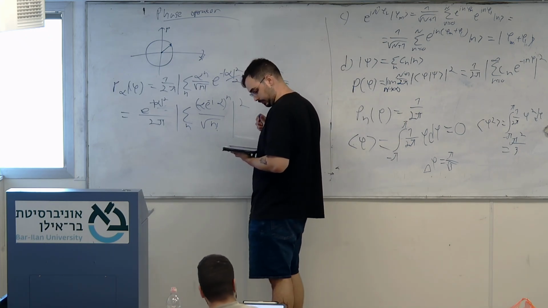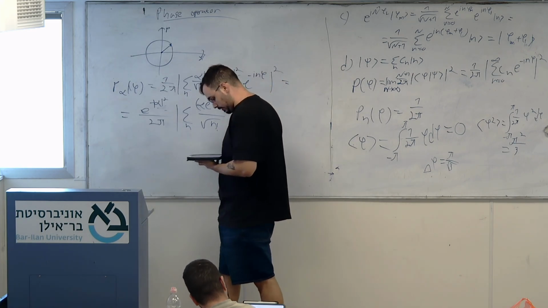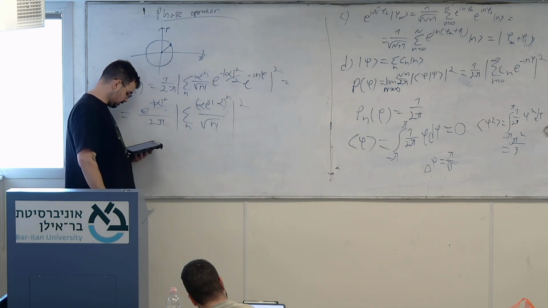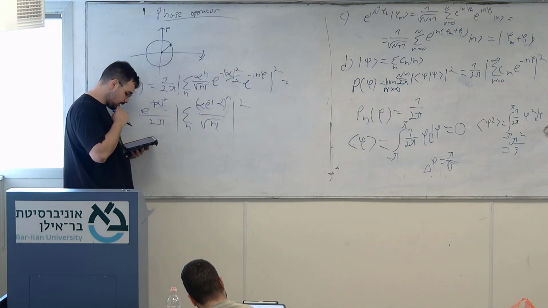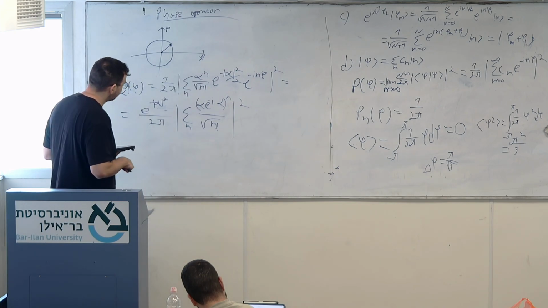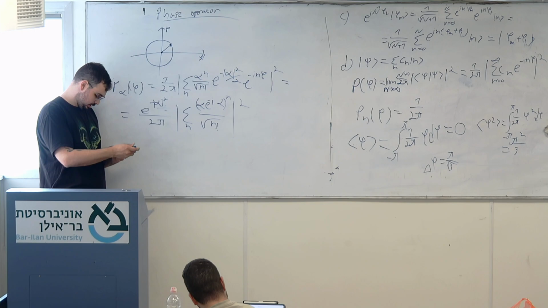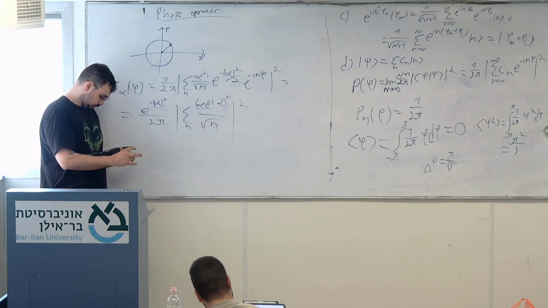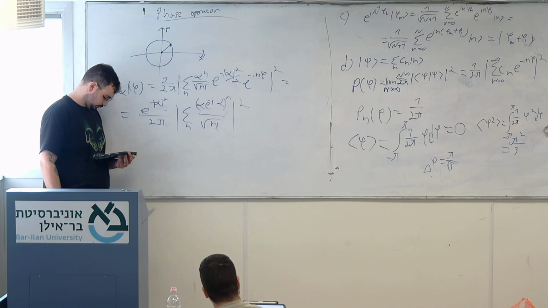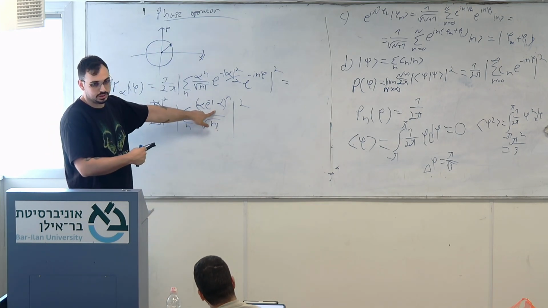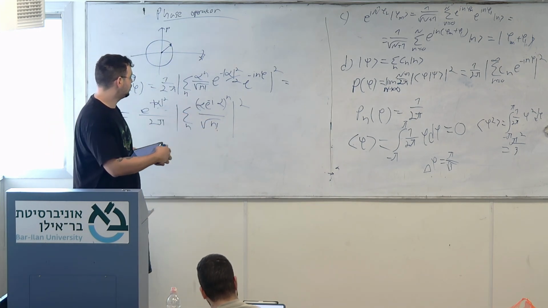We'll see that if alpha is very large, this term will fluctuate strongly, and only the terms where, why did I write alpha here?